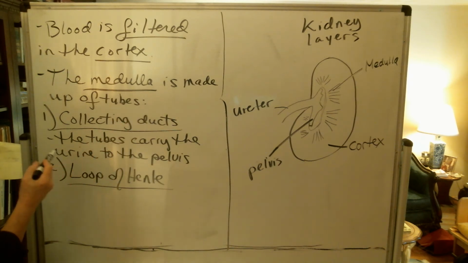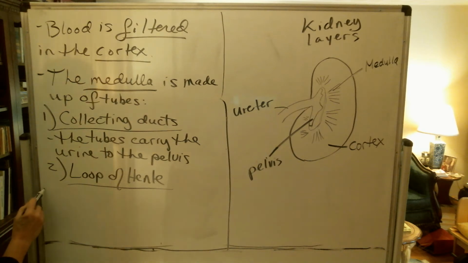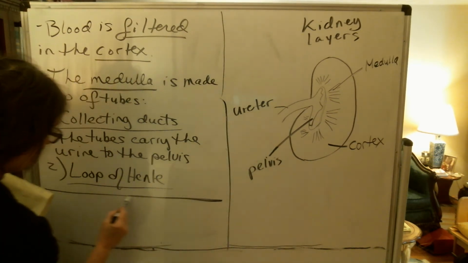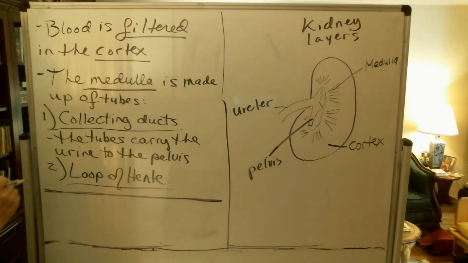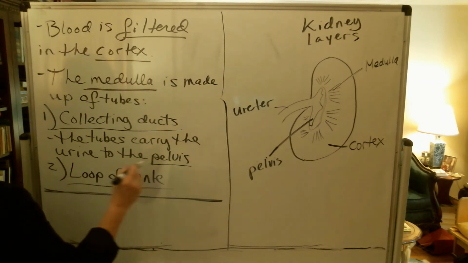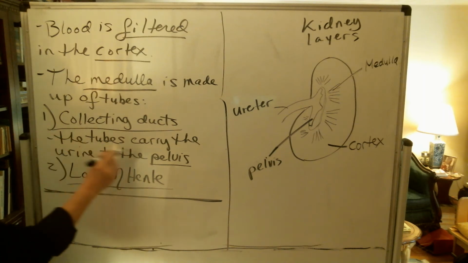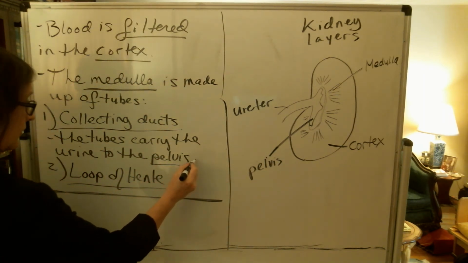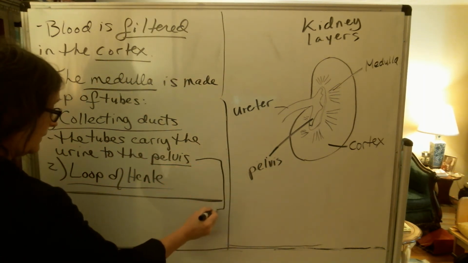So then we have the collecting ducts, all right? So we have now the collecting ducts that carry the urine to the renal pelvis.